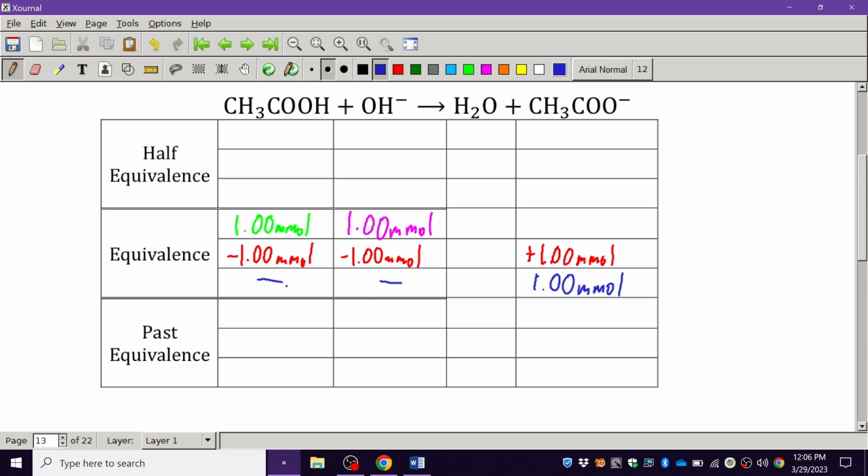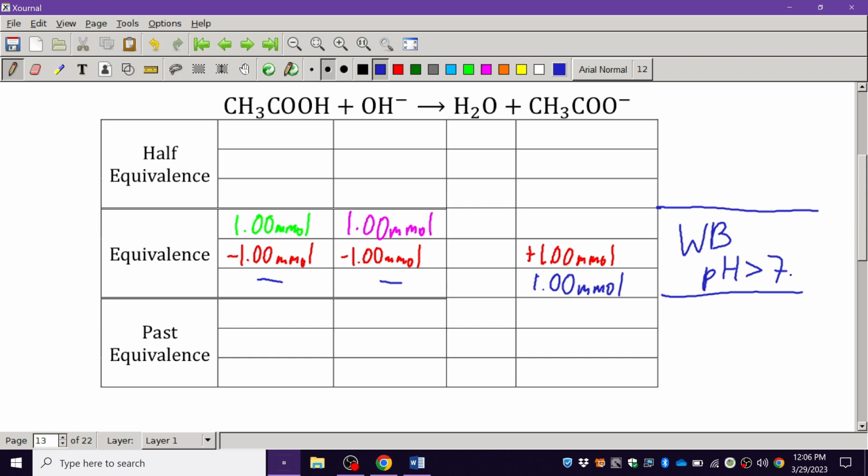Which one? Yes, that was painful. Okay, yeah, this is a weak base solution. And what that means is that the pH of this titration mixture at equivalence is going to be greater than 7. That's what it's telling us.